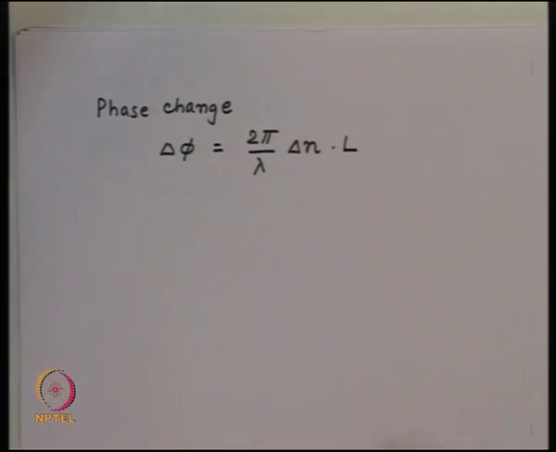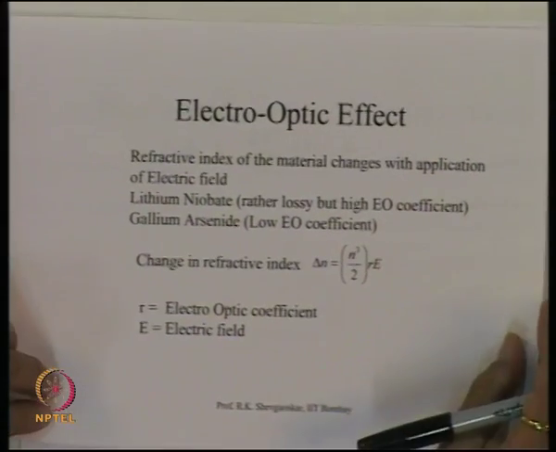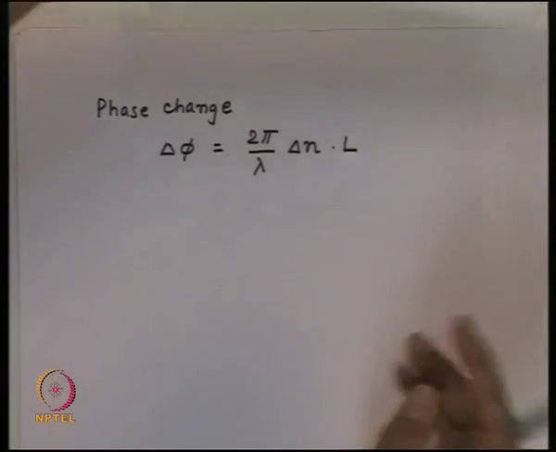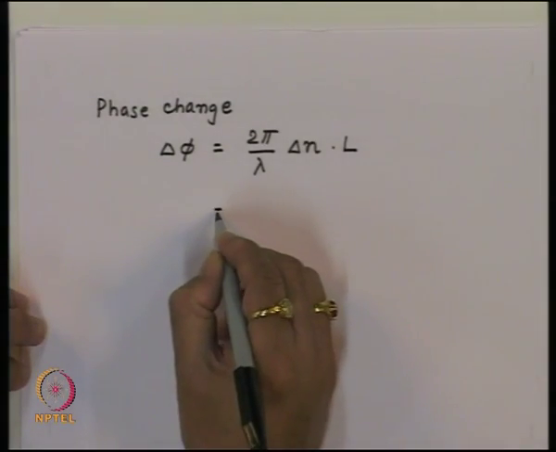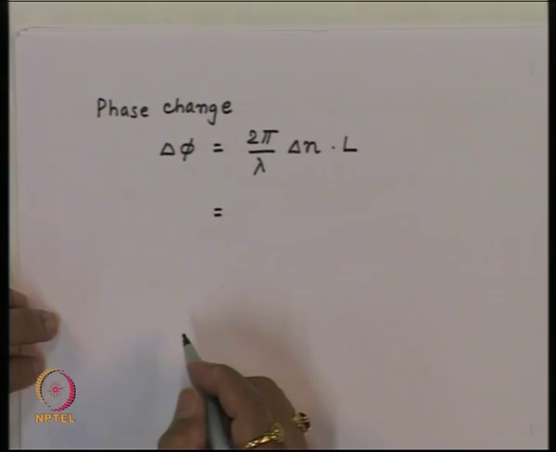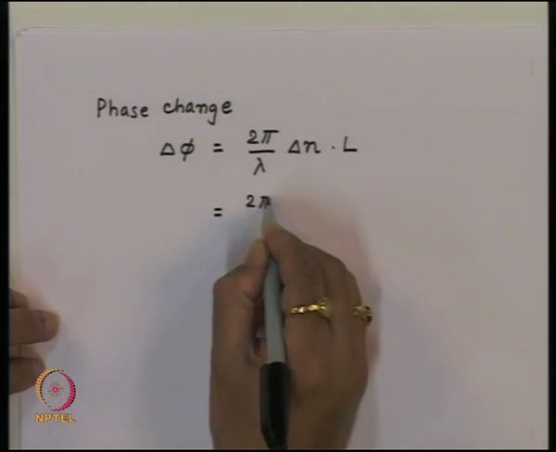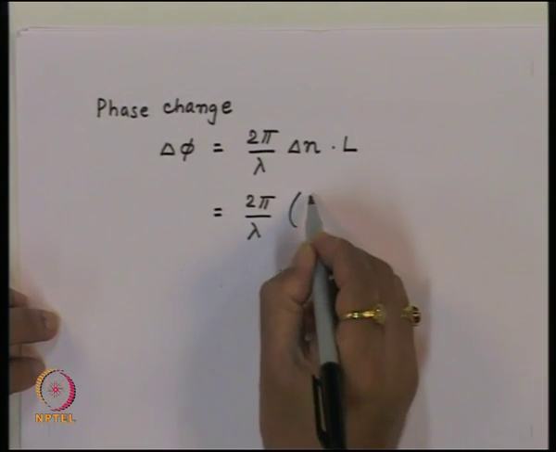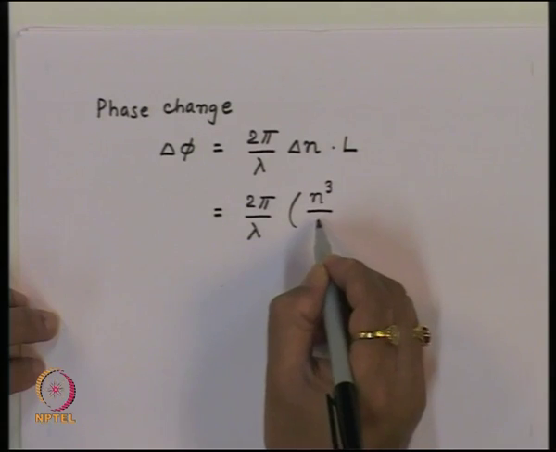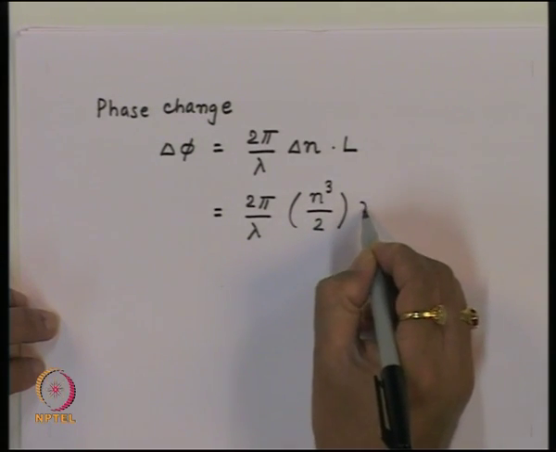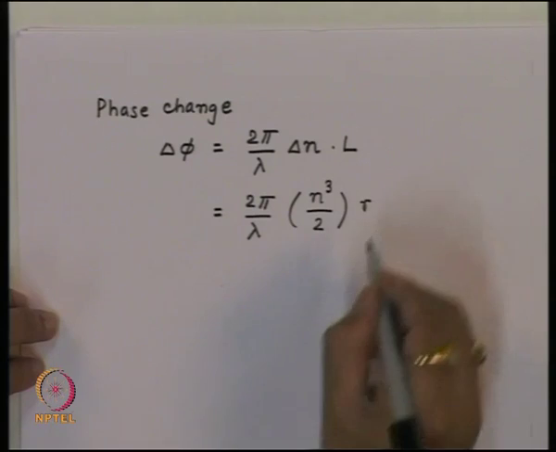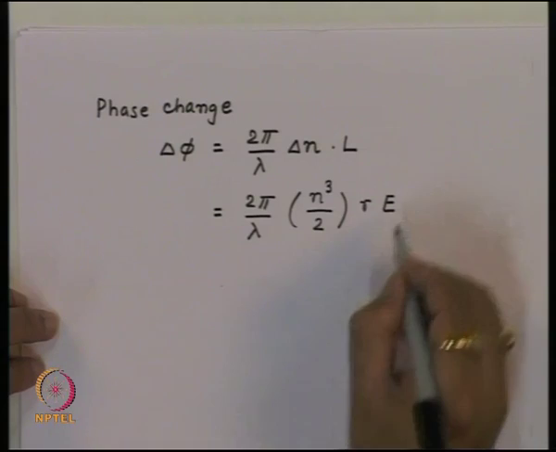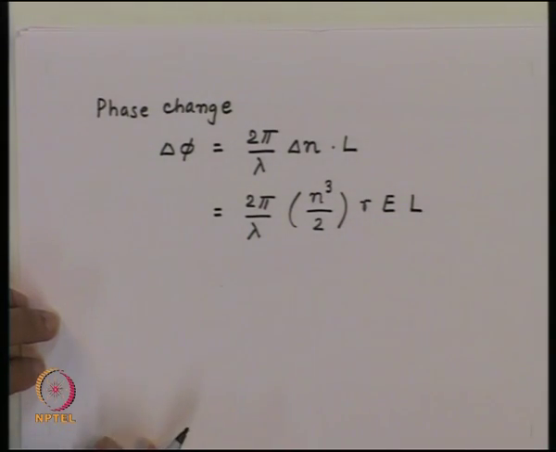And as we have already seen, this change in refractive index is given by n cube by 2 into r into E. So we can substitute into this. So you get the change in the phase, which is 2 pi by lambda into n cube by 2 into r, which is the electro-optic coefficient, into the electric field, into the length of the device.